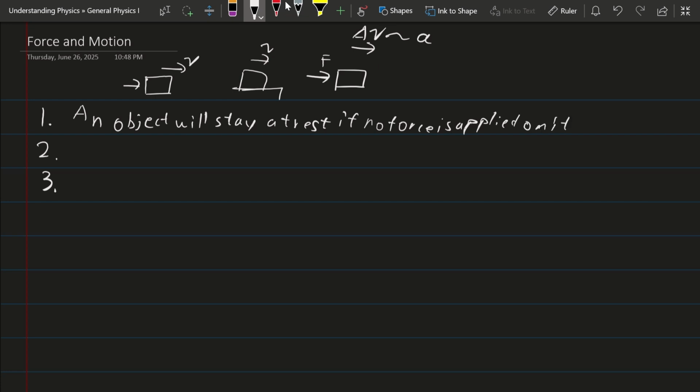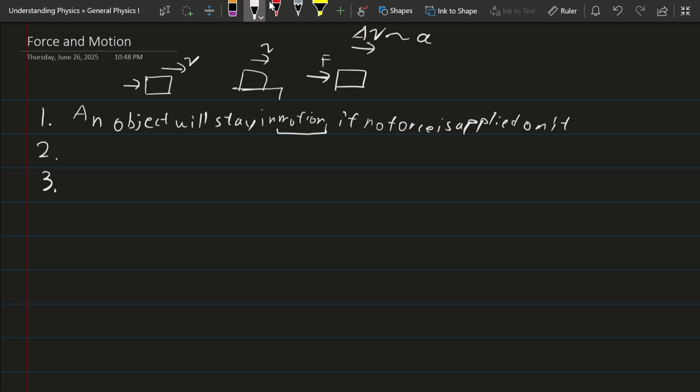Well, technically, it is more like an object will stay in motion if no force is applied to it. But here's a very big question: what does it mean for something to stay in motion? Well, this has to do with momentum.